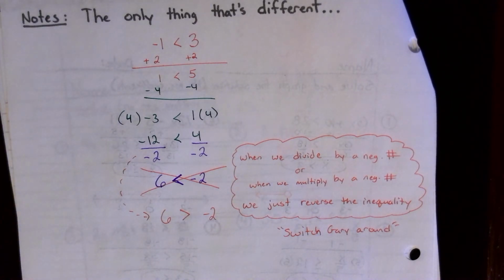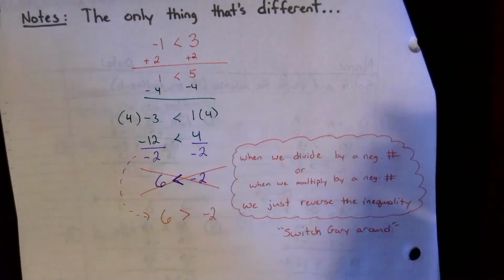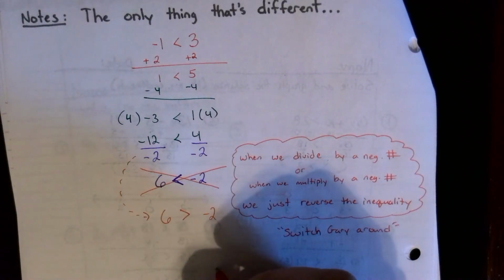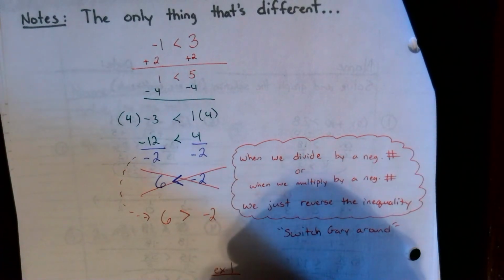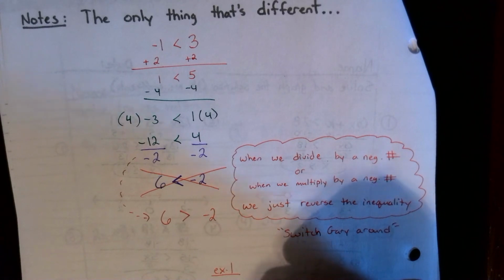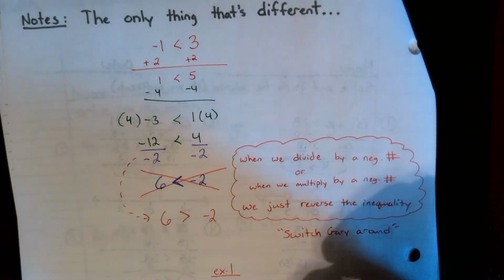Okay, so how's this looking in a problem? Well, we'll do one example. Example 1. Let's say we're solving the problem 7x plus 6 minus 10x is greater than or equal to 33.